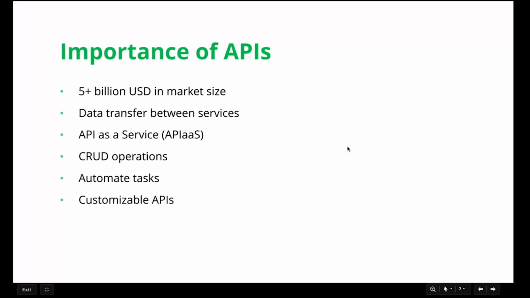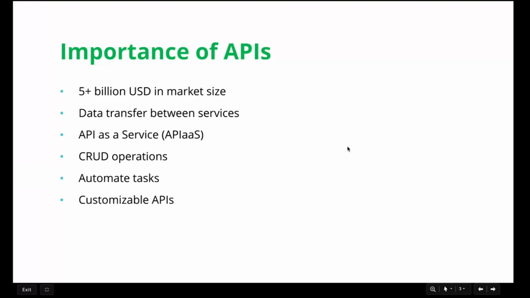The other thing is, just like software as a service or SaaS, there is something called API as a service, and this is what I was talking about. There are companies and businesses which actually just sell APIs. Not every company is okay with building or creating their own APIs and then managing them. So instead, they opt for APIs which are already available, so they can just get it and make use of it.